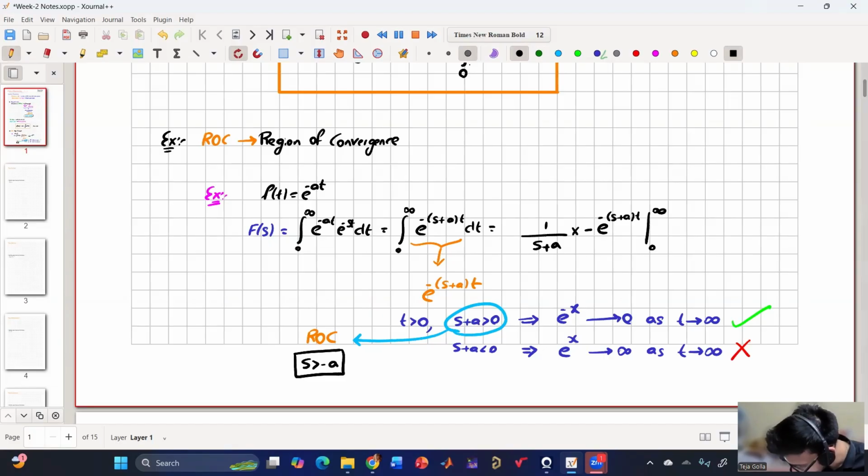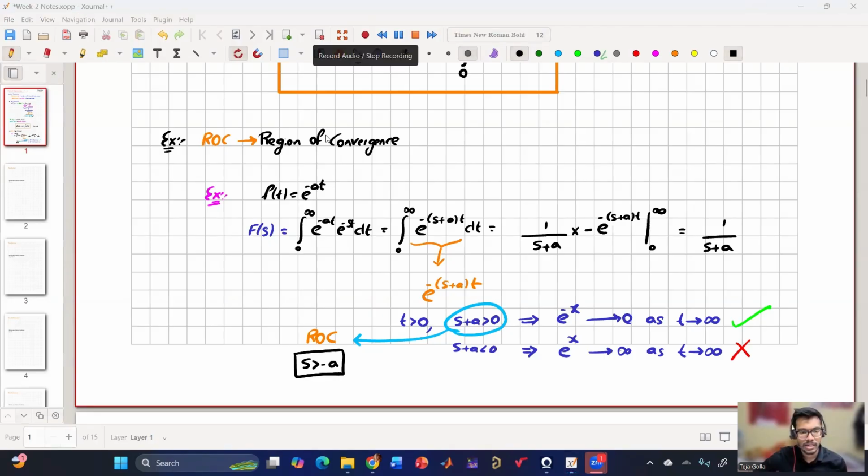For 0 it will be 1, infinite it is 0. So we will get 1 by s plus a. We are calculating it assuming that e to the power minus of s plus a into infinity is 0, but it will only happen if s plus a is positive. That condition where the integral exists is called region of convergence, and from this equation we are getting s is greater than minus a. So is this clear for everyone until this point?